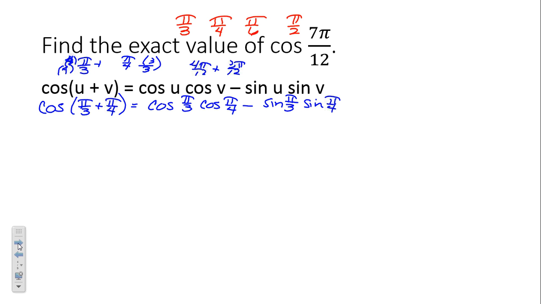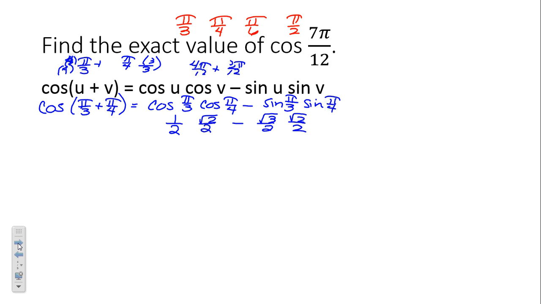What is the cosine of pi over 3? 1/2. Cosine of 60, right? 1/2. Cosine of pi over 4? Yep. Sine of 60? And sine of 45, or sine of pi over 4?